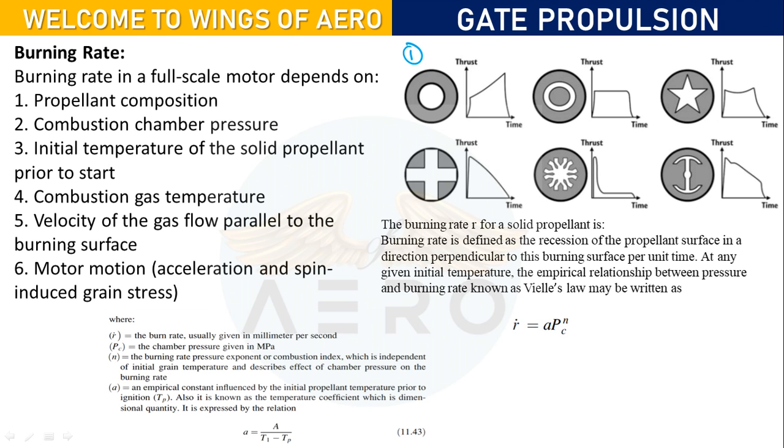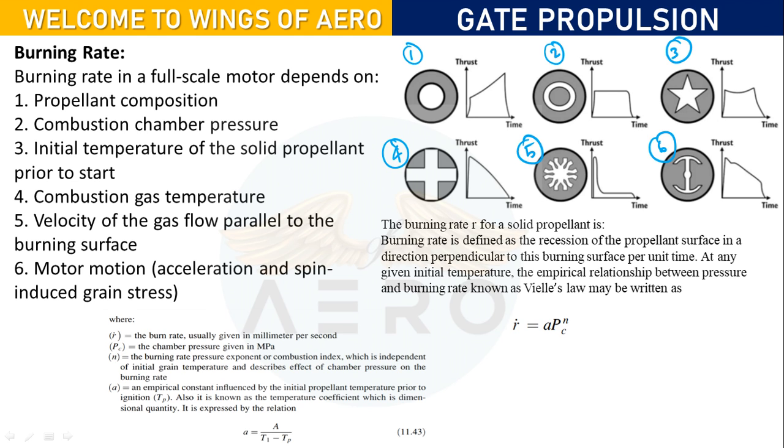Here we have 6 different grain configurations, you can see, right? Among these, which one can you find the most effective one?